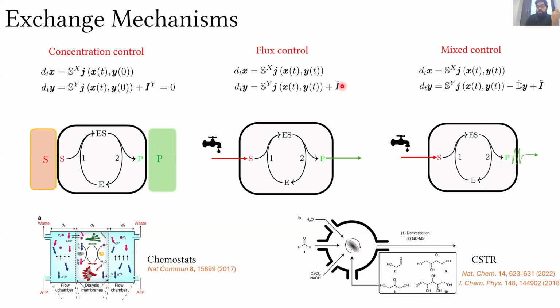If the outflux rate we also model as constant, we achieve what is called flux control, where you have an influx and an outflux. So in this example, you have a constant influx and a constant outflux. The other example is where you have a constant influx, but the outflux is proportional to the concentration of the Y species. In this example, you model the outflux as a matrix B acting on the current concentration. For instance, the P species is being pulled out at a rate proportional to how much P is inside.